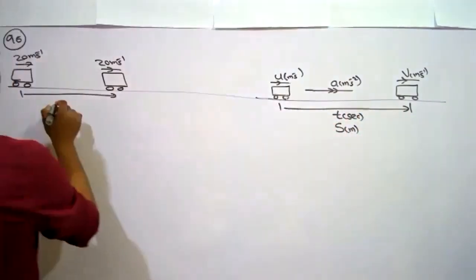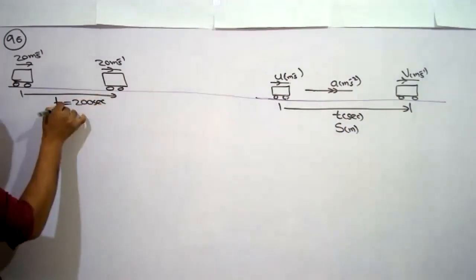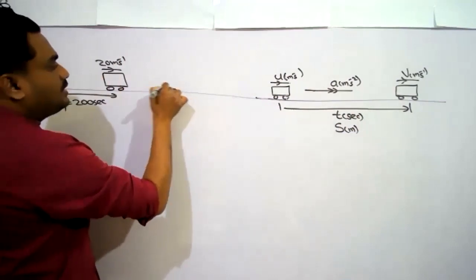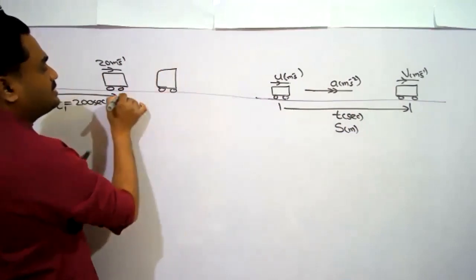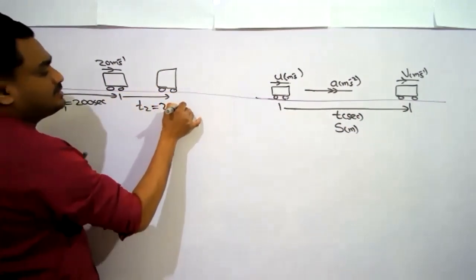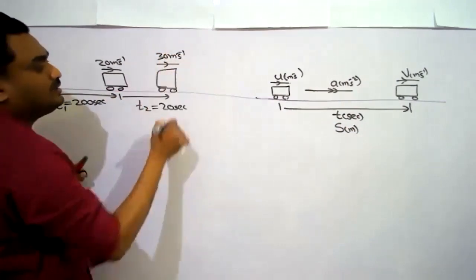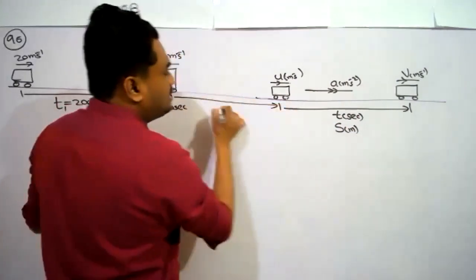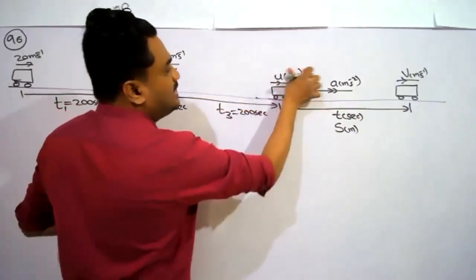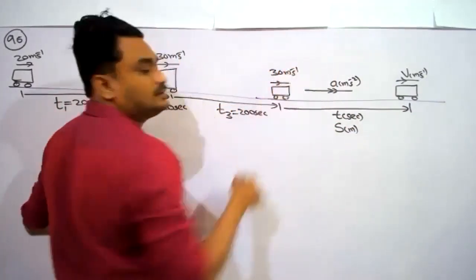Right. So during the first 200 seconds, it travels with a constant velocity of 20. Then within a period of T2, a period of 20 seconds, it increases the velocity from 20 to 30. Then it maintains this velocity for a period of 200 seconds, constant velocity.